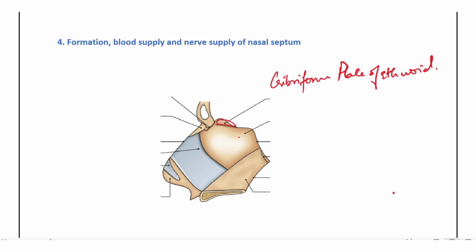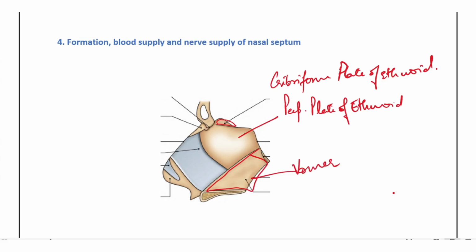This is your perpendicular plate of ethmoid. This large bone that you see here is vomer. This bone that you see here is your nasal crest of the nasal bone. This cartilage in gray is your septal cartilage.